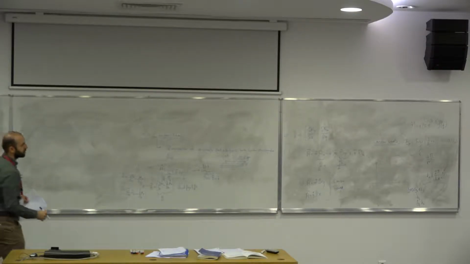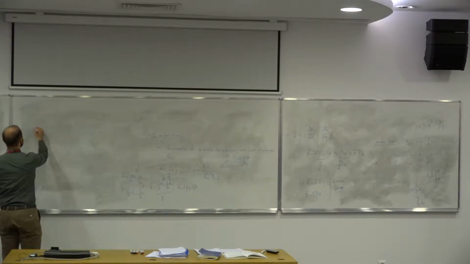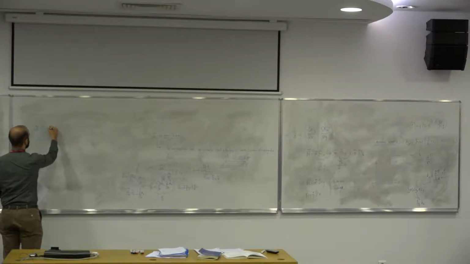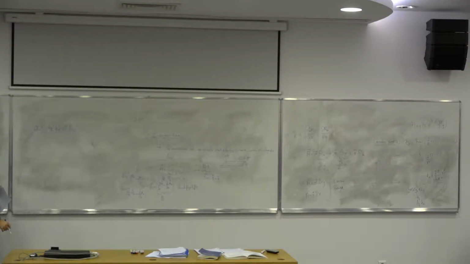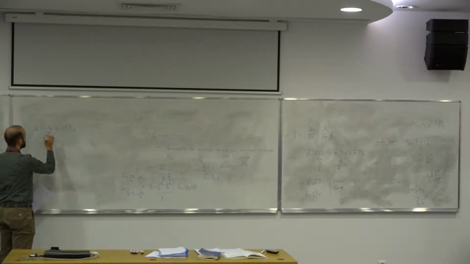So what I'm going to do is I have 0, then Lb squared Kx must be smaller than Ly. Lb was defined as the square root of h bar over eB.